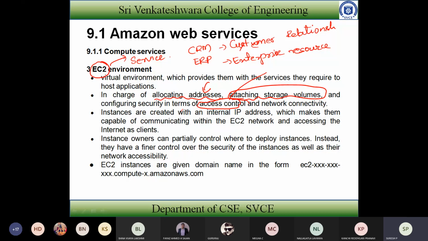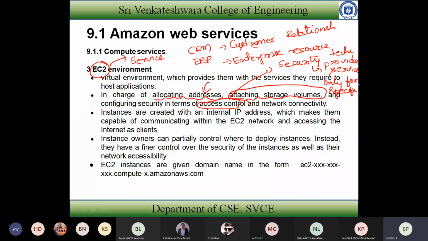It provides service only for specific people or a specific person who has requested that particular resource to be accessed.